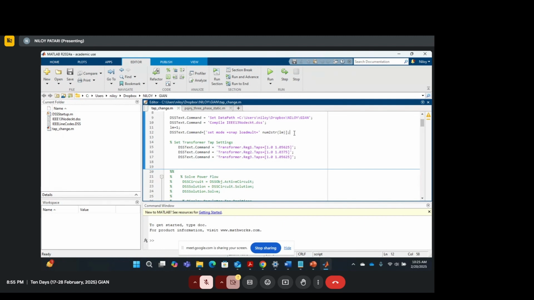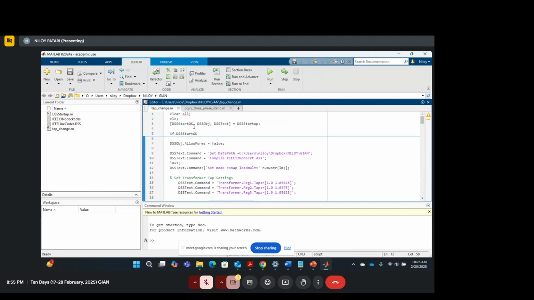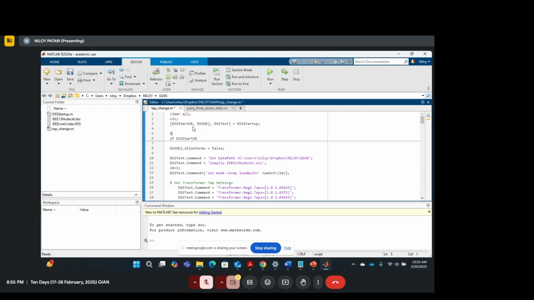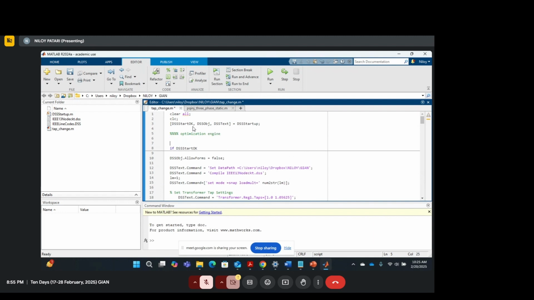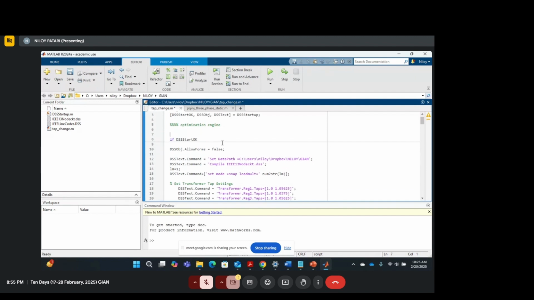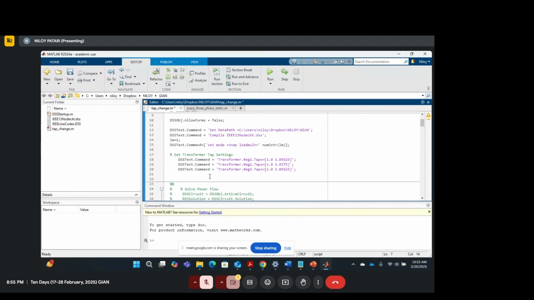Now suppose you have this optimization engine and everything, right? And then this optimization engine gives you certain set points. And then you want to put the set points back into OpenDSS. So what do you do?